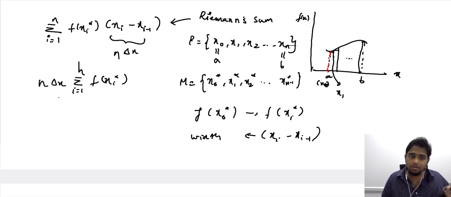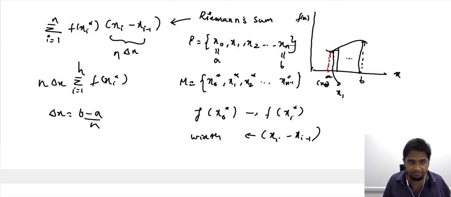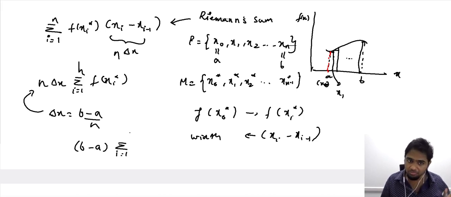And now, between a and b, delta x can also be written as b minus a by n. So when you substitute this, the Riemann sum translates to b minus a by n, summation of i ranging from 1 to n, f of xi star.